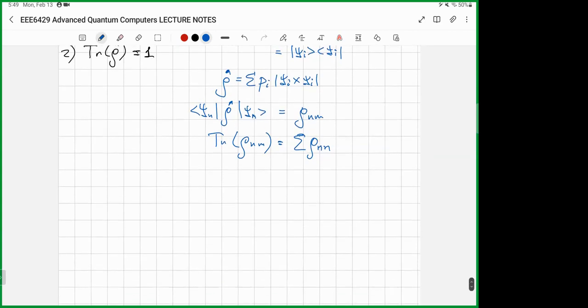So let's return to my definition of the density operator. This is the sum over i of p_i |psi_i><psi_i|. And now I have to multiply this by <psi_j| on the left and |psi_j> on the right, or any letter.